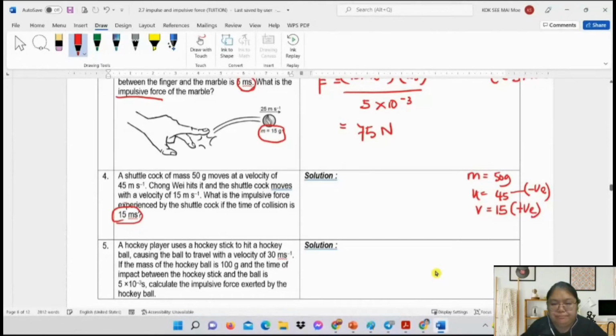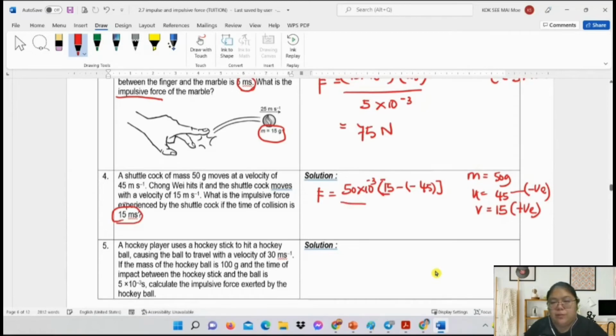50 gram converted to kg. Then final velocity minus, and minus 45. Minus and minus the 45.